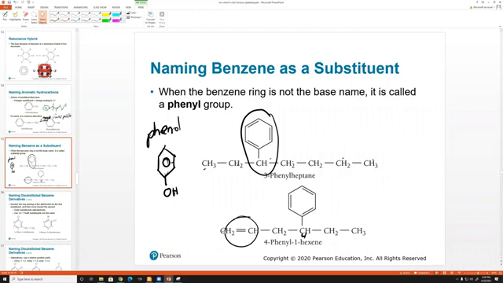So no, the numbering, we start from where it's closer to the double bond. So this is carbon number 1, 2, 3, 4, 5, 6. Then we just name our substituents. So 4 is the only one. So 4-phenyl-1-hexene, because the 1 position is where the hexene occurs. Does that make sense? Okay, good.